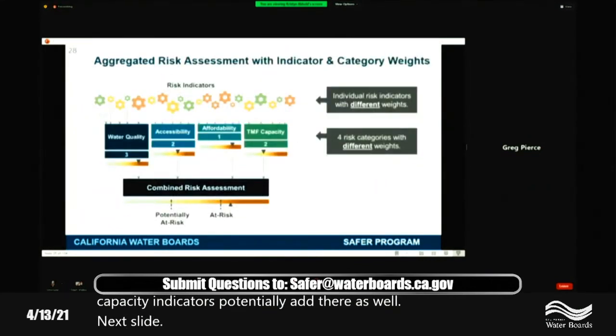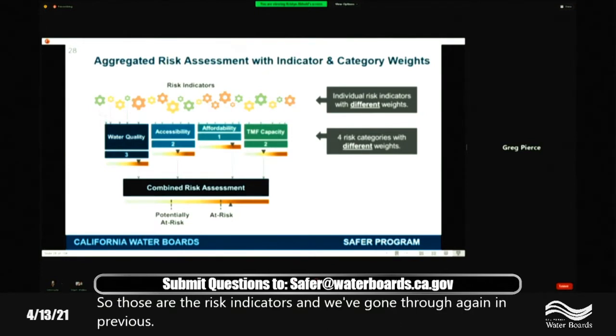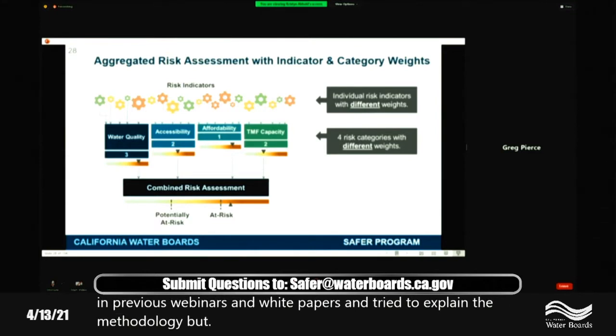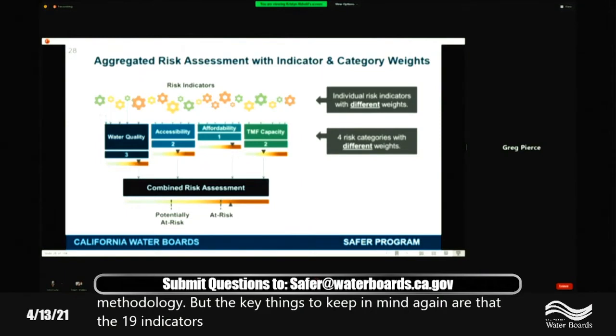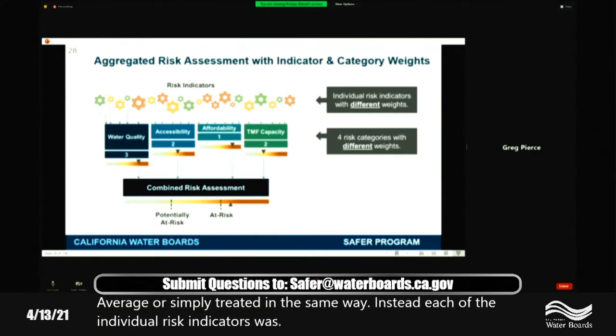So those are the risk indicators, and we've gone through, again, in previous webinars and white papers and tried to explain the methodology, but the key thing to keep in mind is that the 19 indicators are not simply averaged or treated in the same way. Instead, each of the individual risk indicators was assigned a different weight.